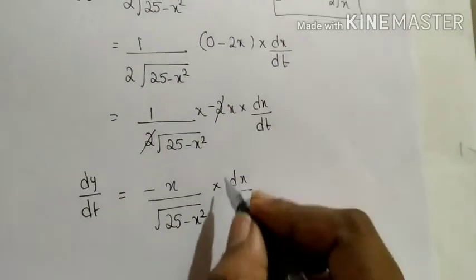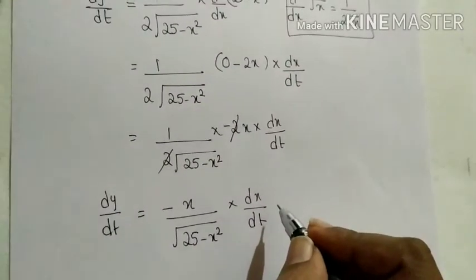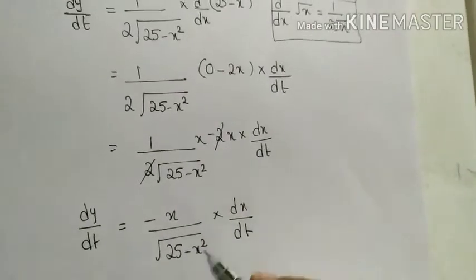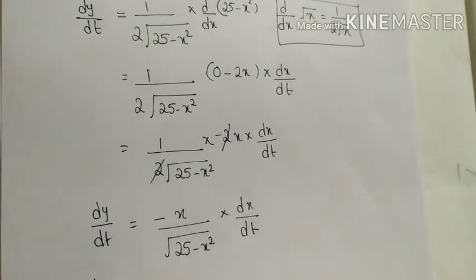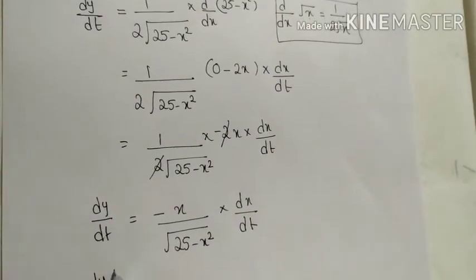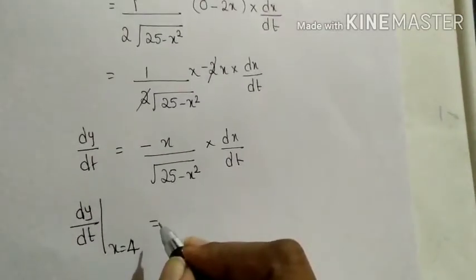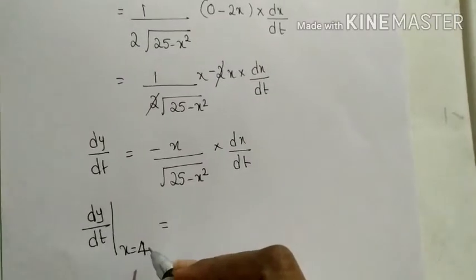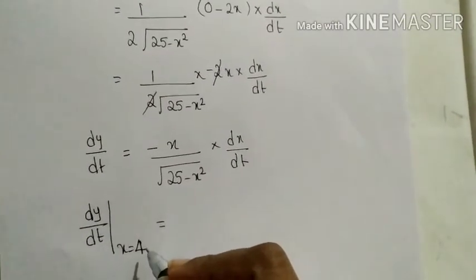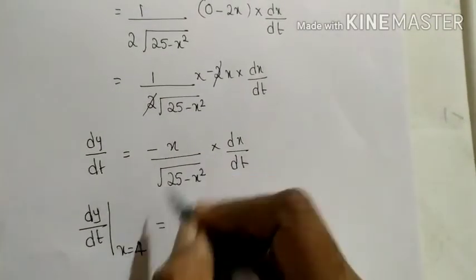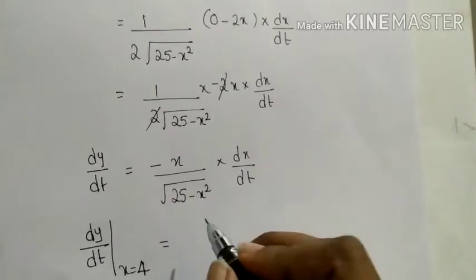Given that the value of dx by dt is 2 centimeter per second, and we need to find dy by dt at x equal to 4. That means next I am going to substitute the value of x by 4.